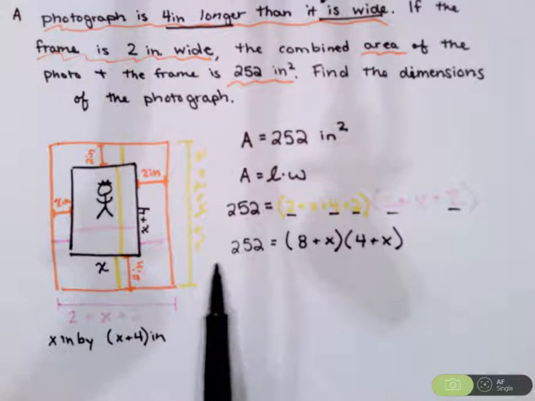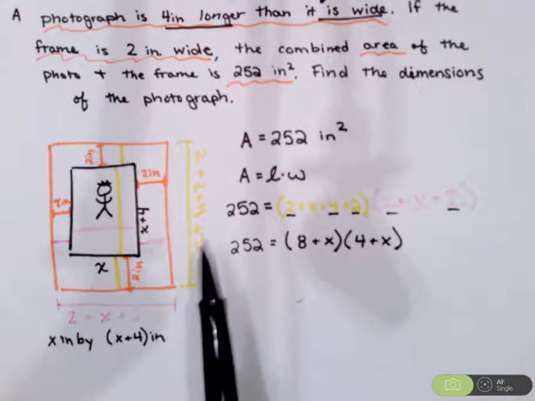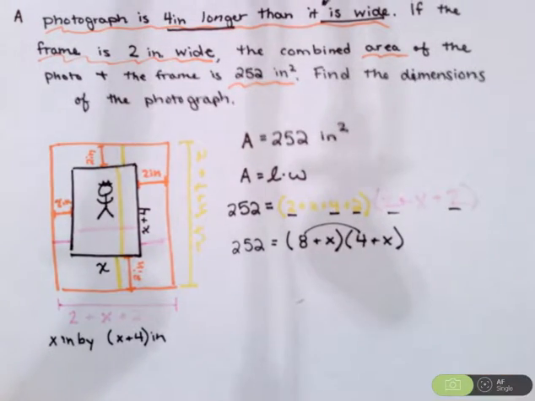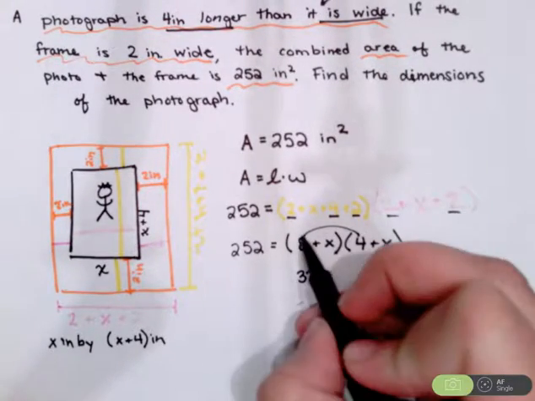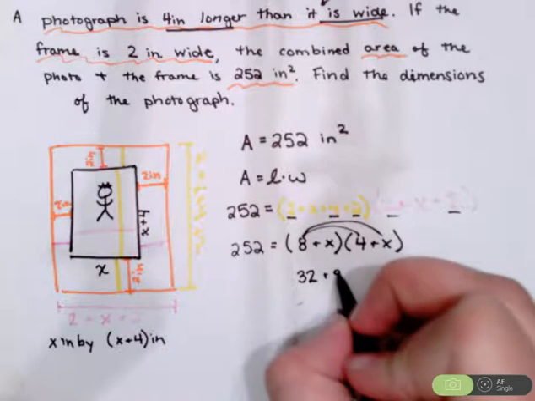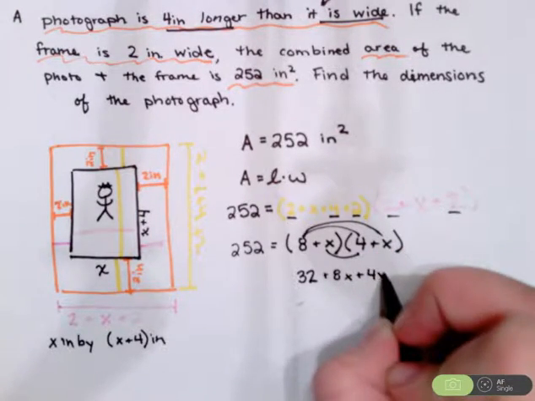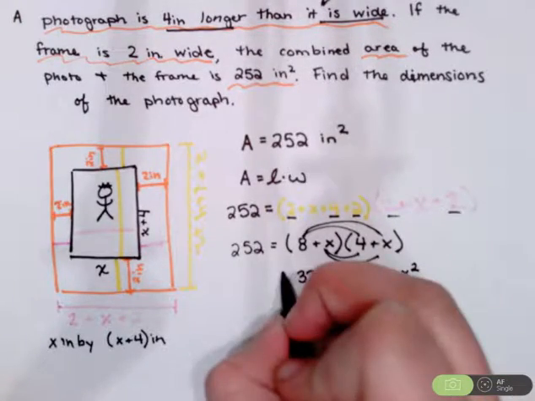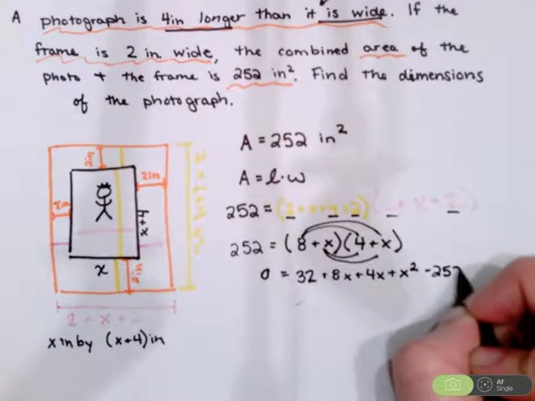So I have to FOIL this out and then factor after this is equal to 0. To FOIL it, 8 times 4 is 32, 8 times x is 8x, 4 times x is 4x, x times x is x squared. And I'm going to subtract the 252 right away, so minus 252.